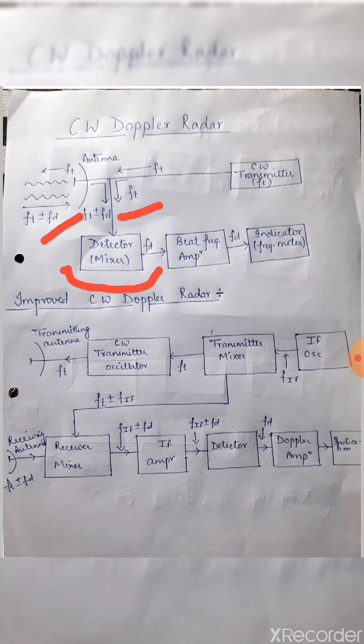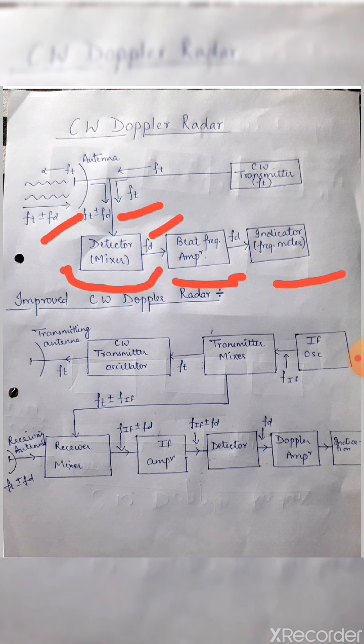When the stationary echo signal is eliminated, the signal Fd is passed on to the beat frequency amplifier, which amplifies the Doppler echo signal to a level where it can operate an indicating device such as a frequency meter. This is all about the working of a CW Doppler radar.